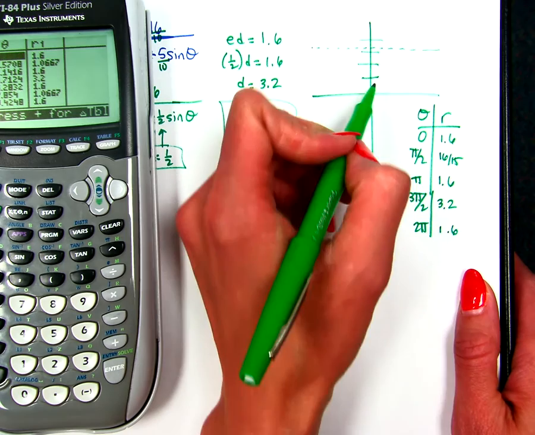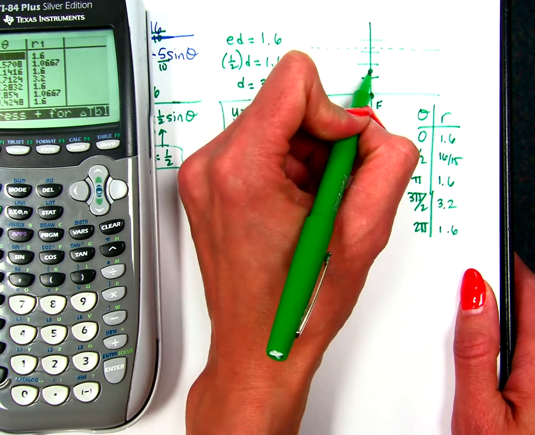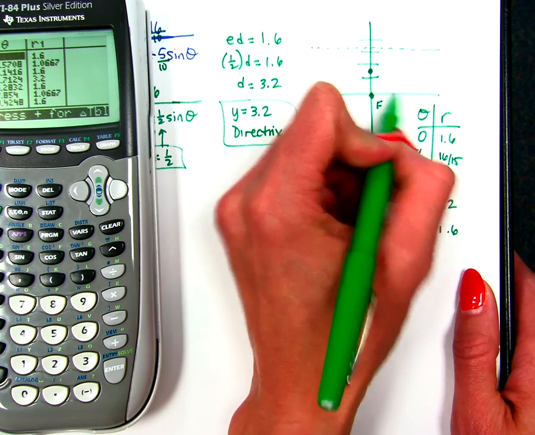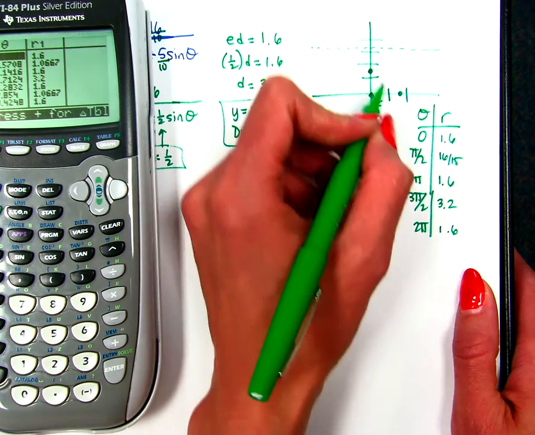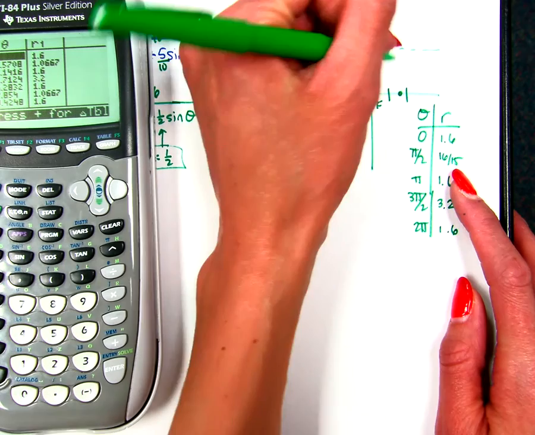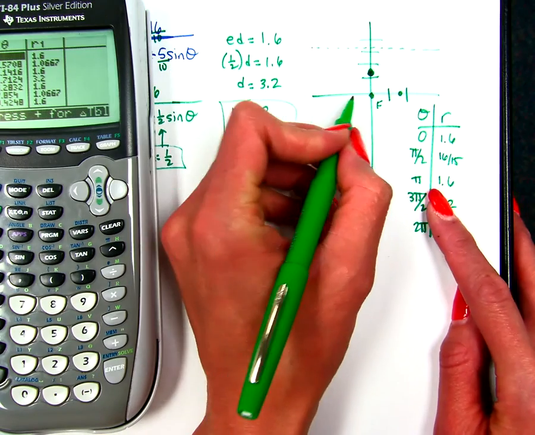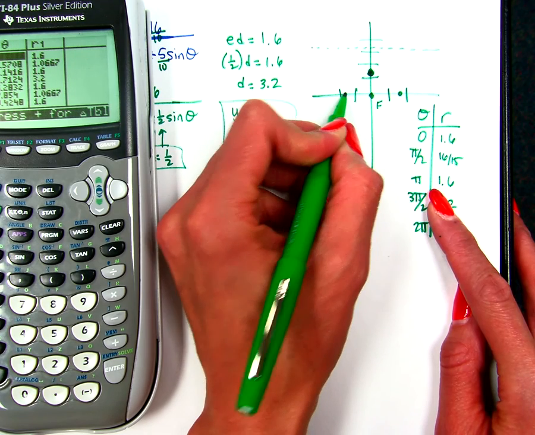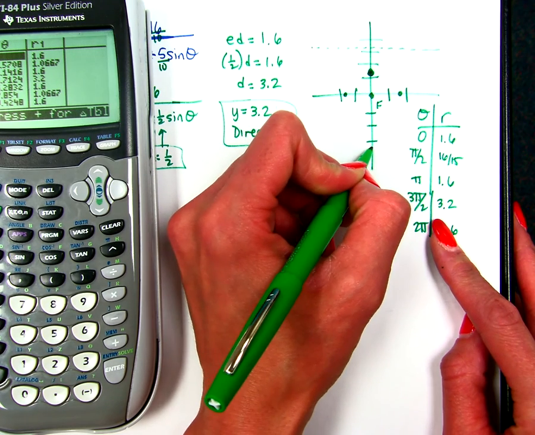All right, so if I graph it, I remember one of my focal points is at the origin, so 0 and 1.6. Nope, sorry, this is in polar. 0 and 1.6. Pi over 2 is 16/15, which is 1.06, I guess. Should be more like down here. Pi is at 1.6. 3 pi over 2 is at 3.2.